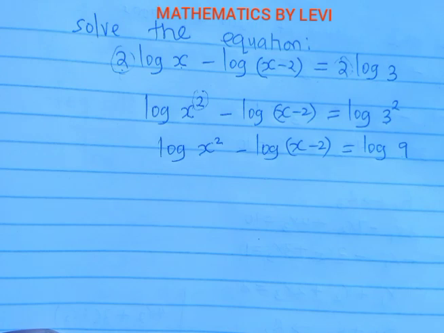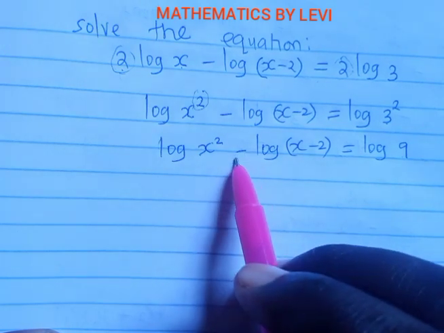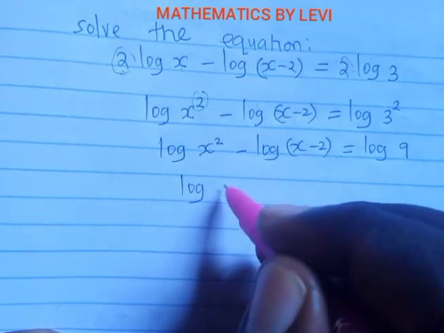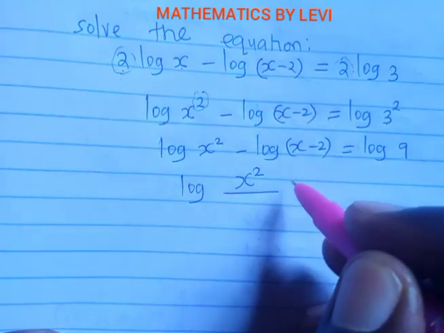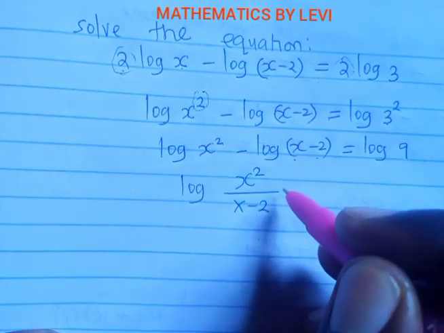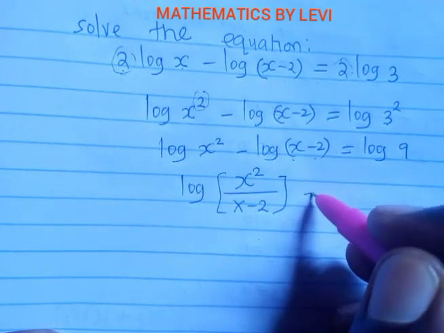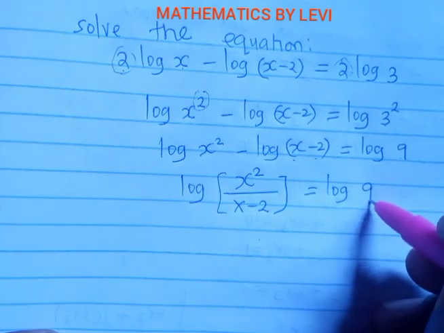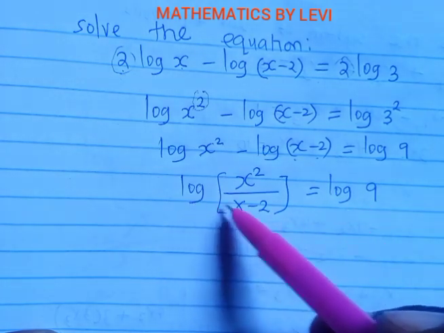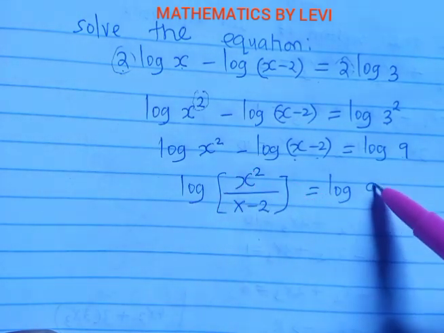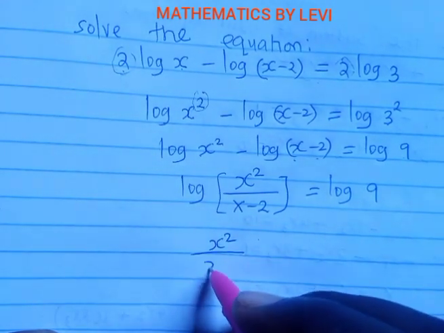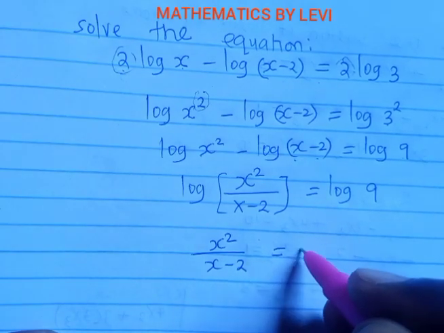Since we have a minus here, we just say the logarithm of x squared divided directly by x minus 2, then we close the bracket, equals the logarithm of 9. At this point, since we have logarithms of the same base, we can equate them. Therefore, we have x squared over x minus 2 equals 9.